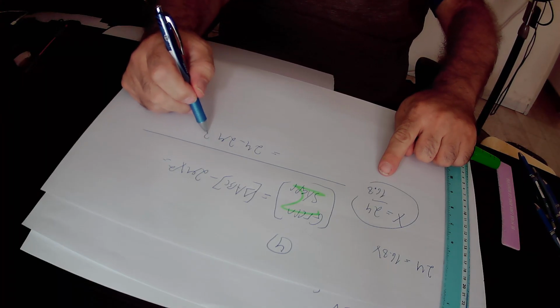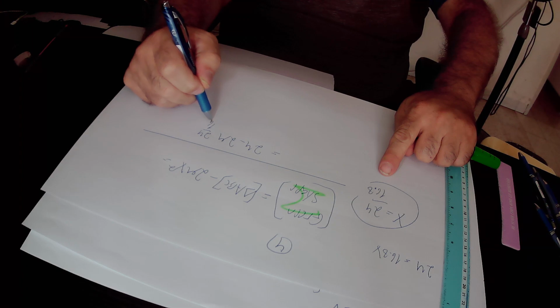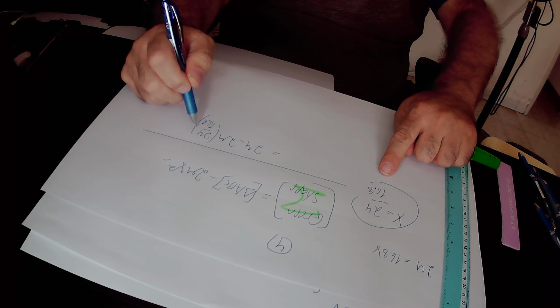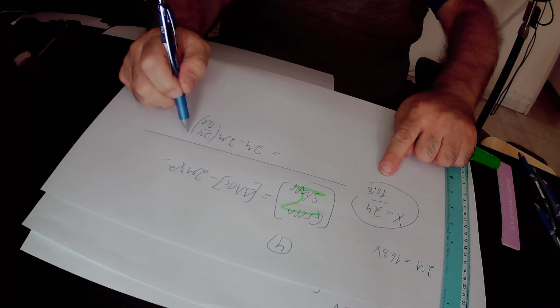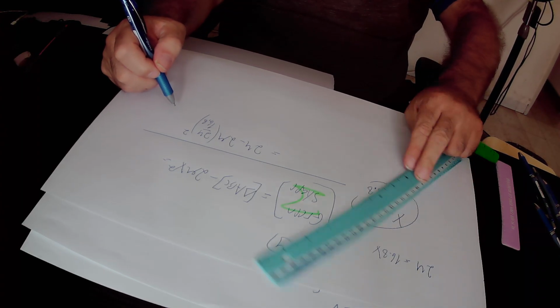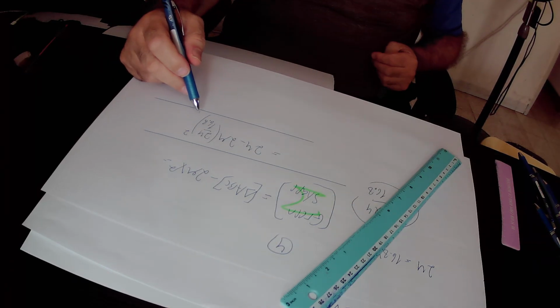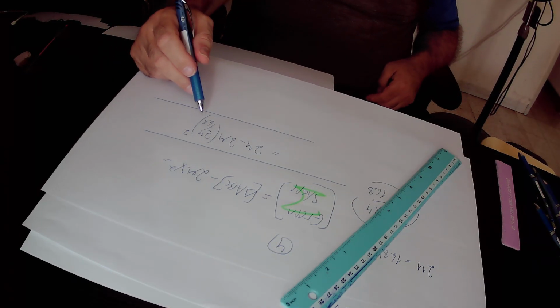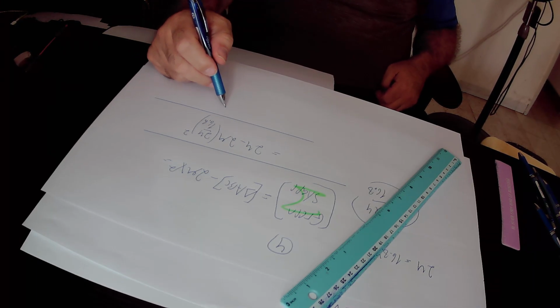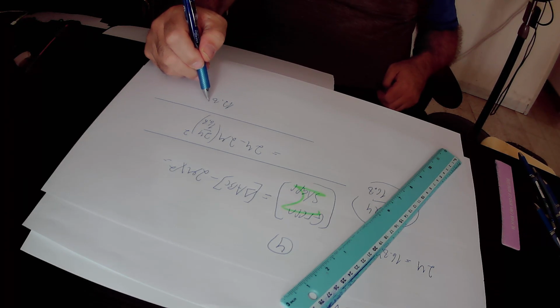x is 24 over 16.8, therefore x squared is 24 over 16.8 squared. What is the value of this expression, 2 pi times 24 over 16.8 squared? In total, the value of this expression is 12.823.